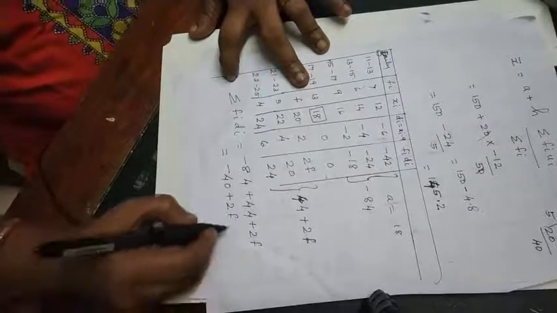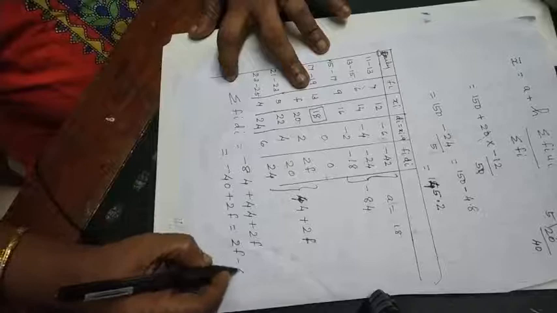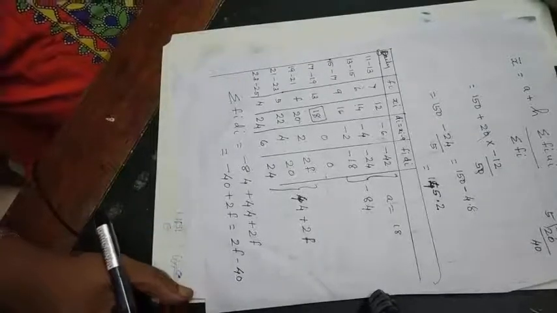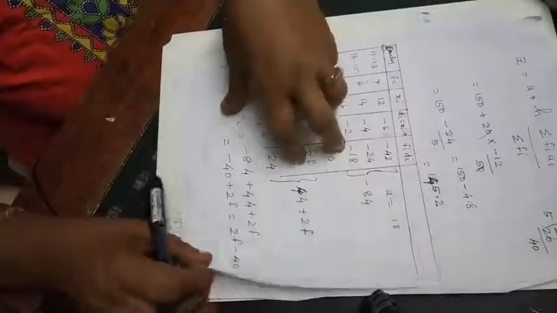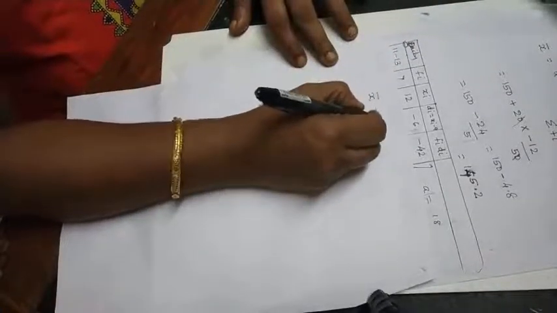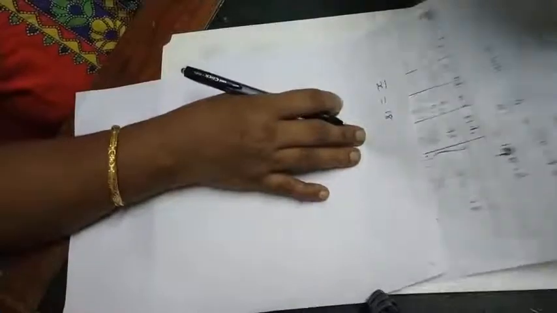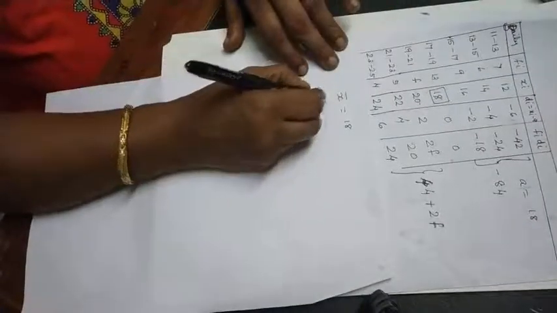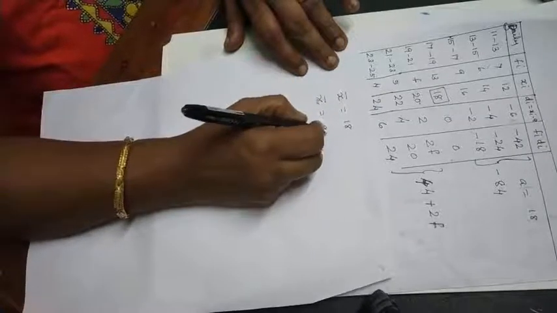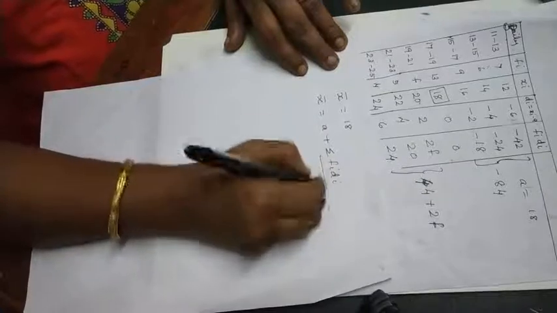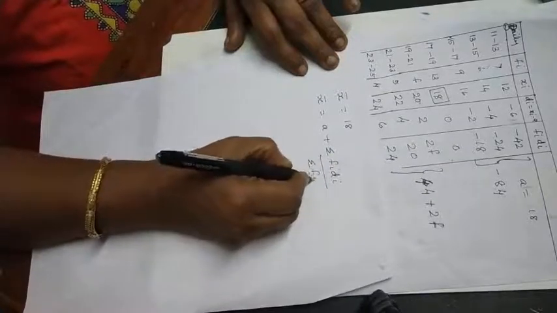Now, already they have given the mean. X bar is already given there. X bar is equal to 18. So x bar is equal to a plus sigma fi di by sigma fi.